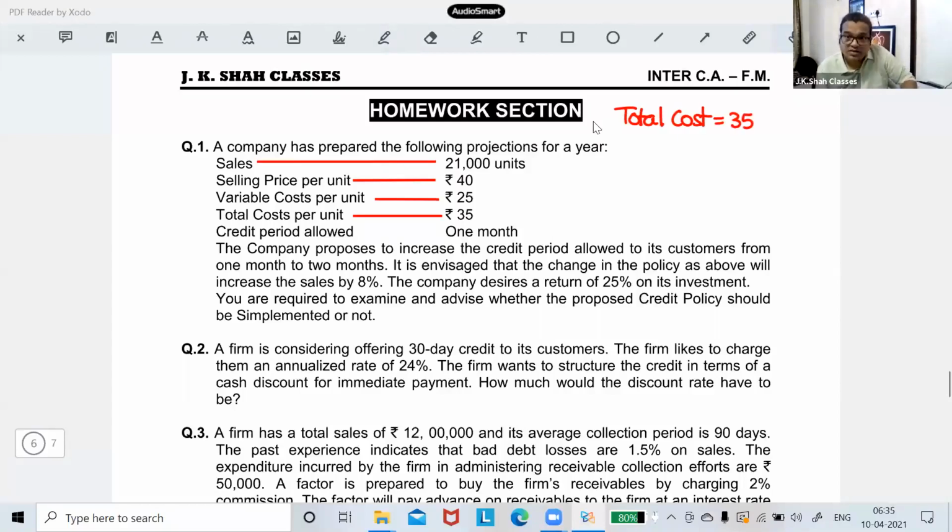What does that mean? Fixed cost plus variable cost is 35. Out of this, what do we know? We know variable cost how much? 25. So it's fixed cost plus 25 is equal to 35. Therefore, come on, all mathematicians. Fixed cost is equal to how much?